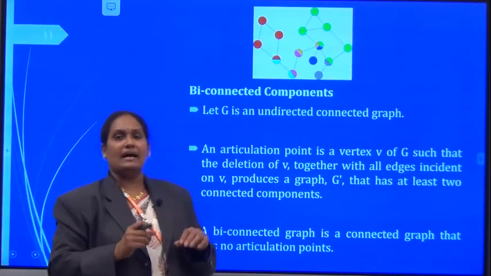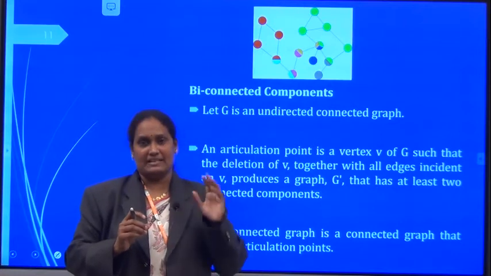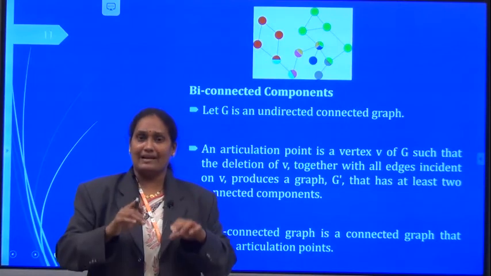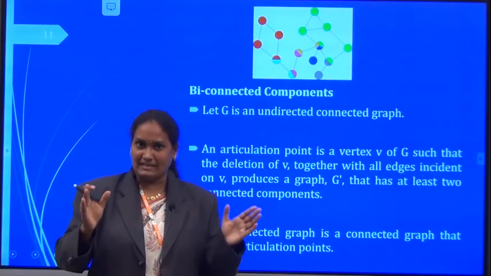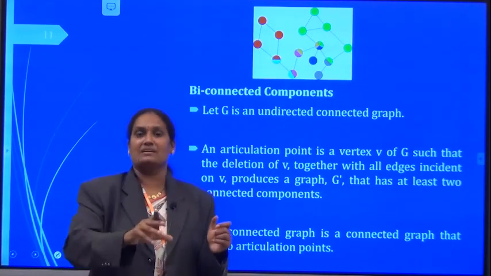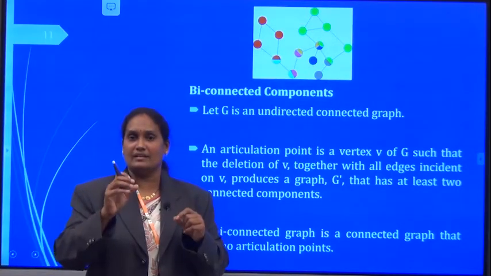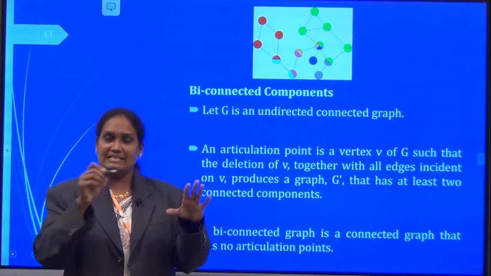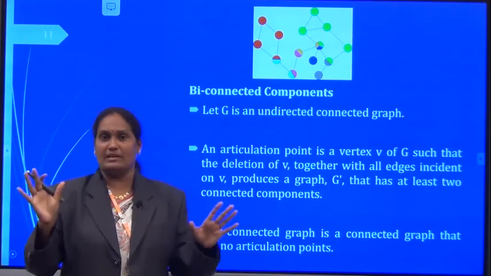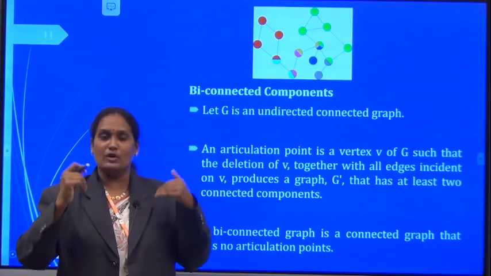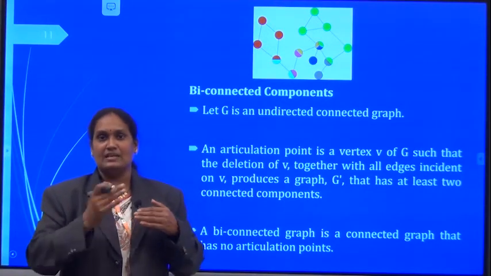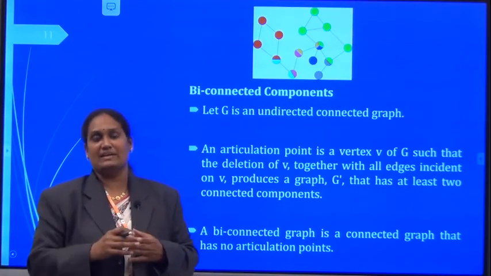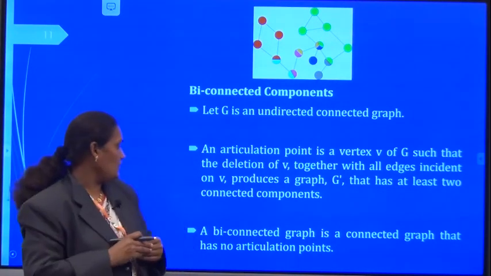Simply saying, an articulation point is a vertex. By the deletion of that vertex, if your graph is divided into 2 connected components, then that particular vertex is called an articulation point. If you remove that vertex from the graph, the edges incident on that vertex will also be removed automatically.